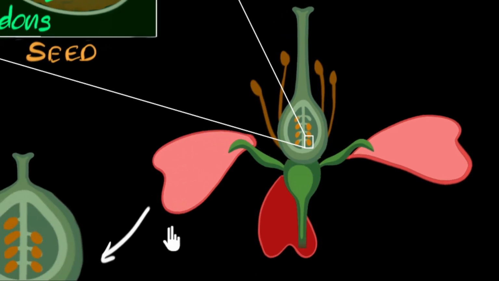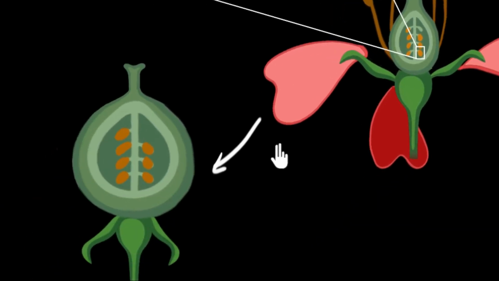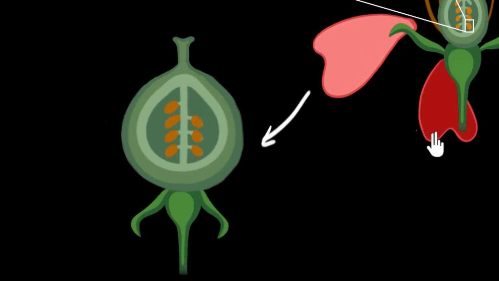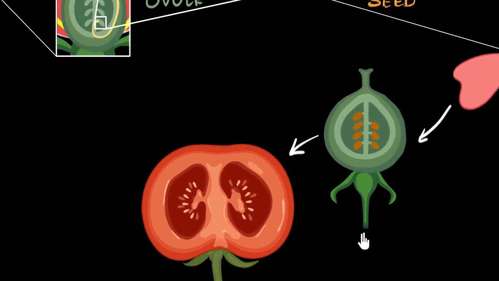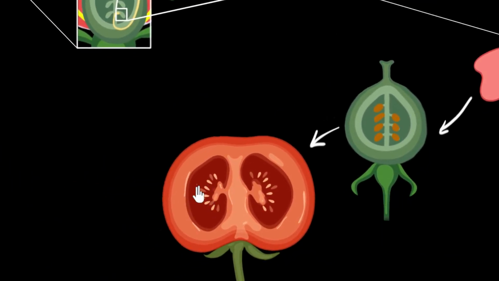Eventually it's the ovary that's going to grow into a fruit. And there will be seeds inside that particular fruit. So over here, I've shown a tomato as an example, but it can be any fruit with seeds in them. Then you can eat that fruit and then sow the seeds. So maybe you can't do that for tomato, but for some other fruit, you may be able to sow the seeds.